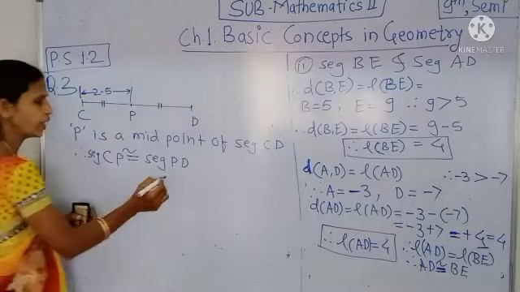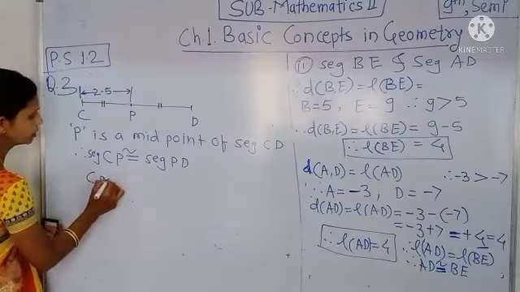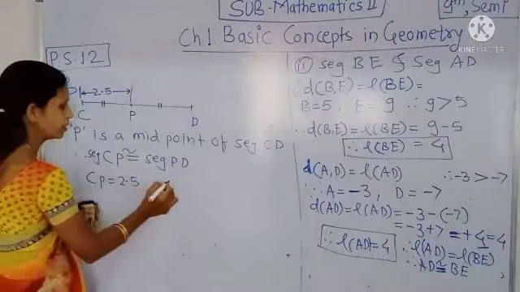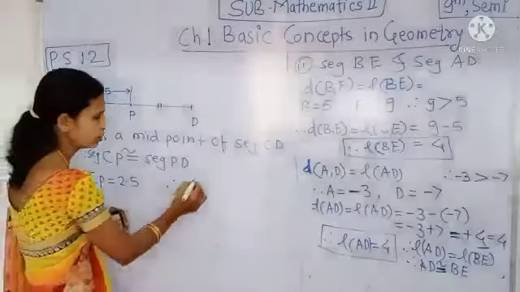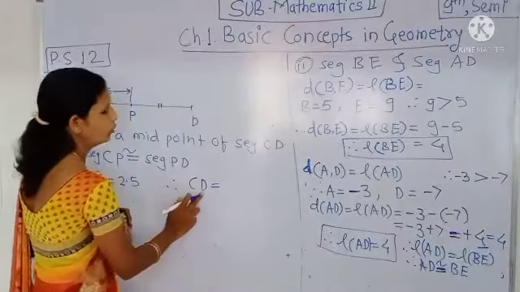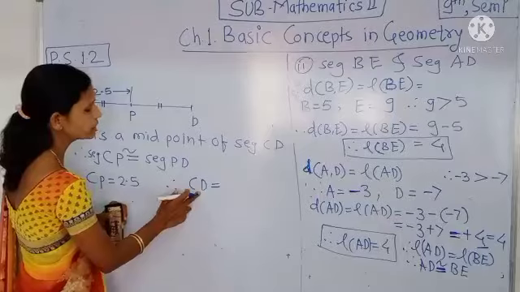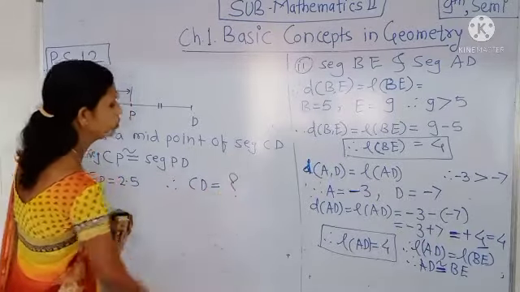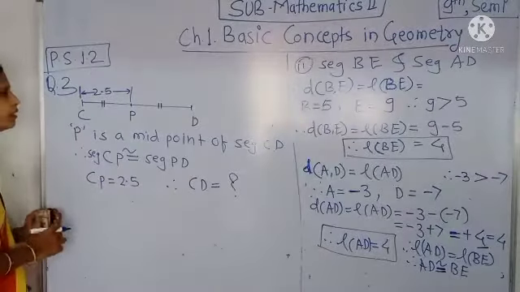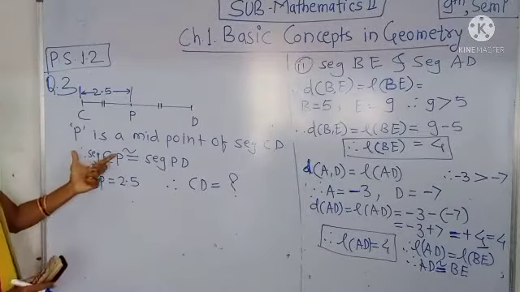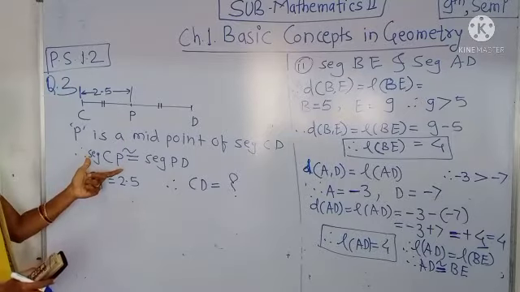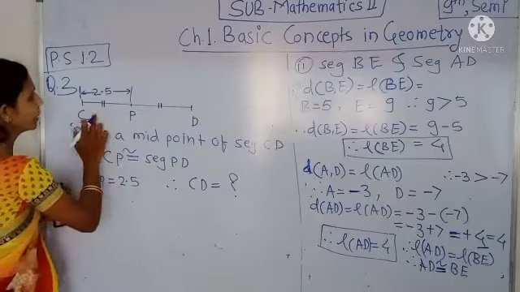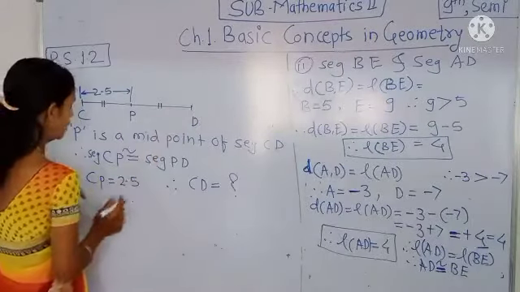We have to find out the value or the distance between C and D point, that is length of CD. Here CP is 2.5 units. From the given condition and values we can determine the length of CD.